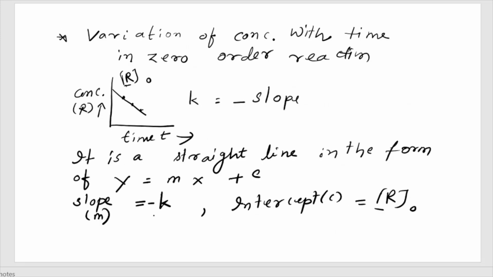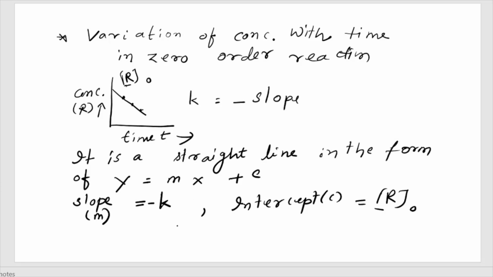So you can see here, again I am going to explain properly. This is a straight line, as I told you just now, in the form of y equal to mx plus c, and here the slope equal to minus k. Here concentration is the y part, and x is time.